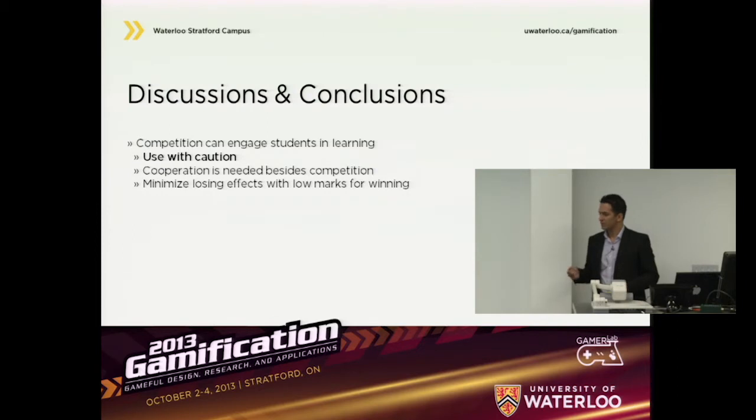We always want to say that we need to have some caution. It's not that competition is everything, a magic bullet that solves everything. You definitely need to have some cooperation besides that. In the teamwork that we saw, they were playing in groups, but at the end, they were competing with other teams.